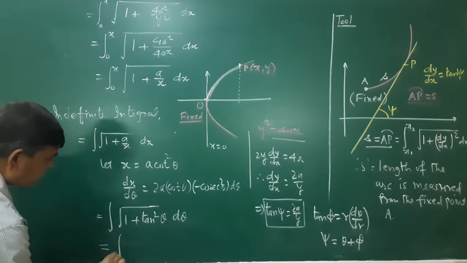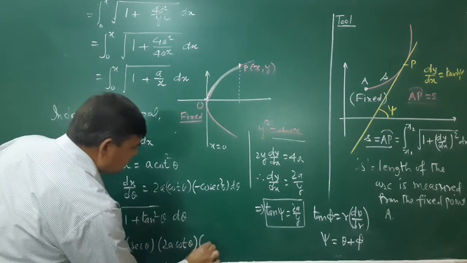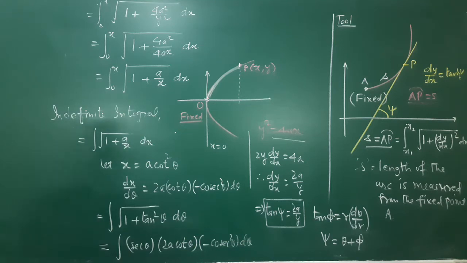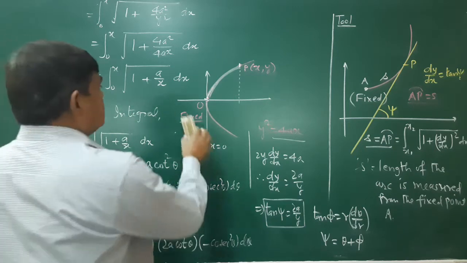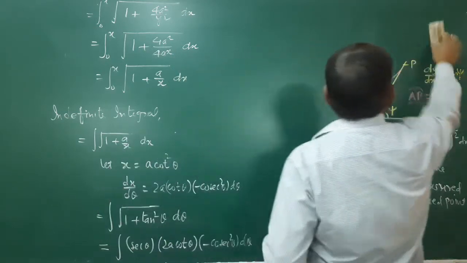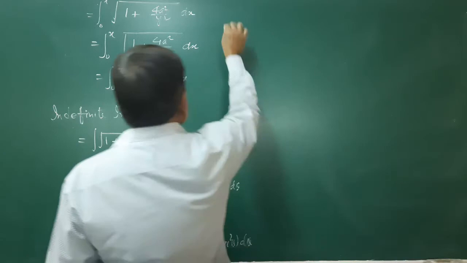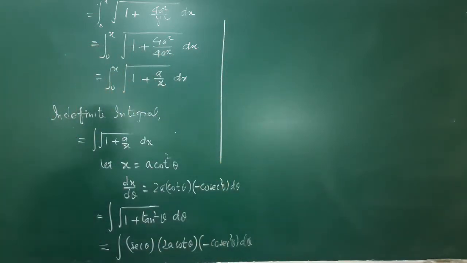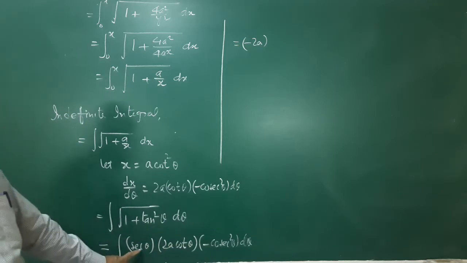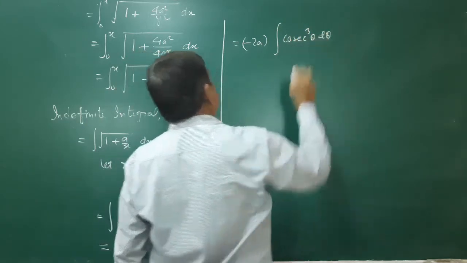This is minus a cosec theta cot theta into cosec square theta d theta, giving us minus a cosec cubed theta d theta.